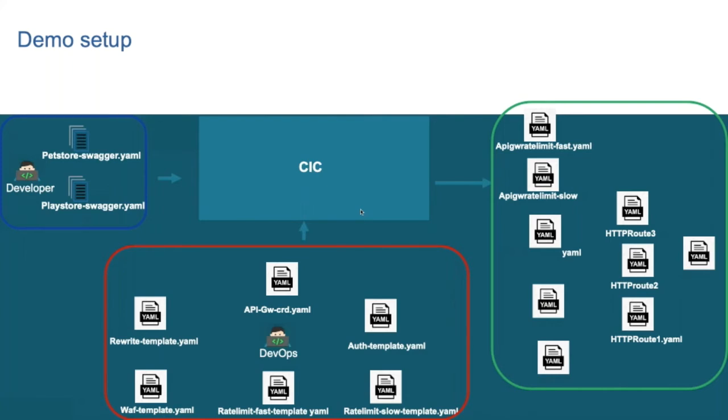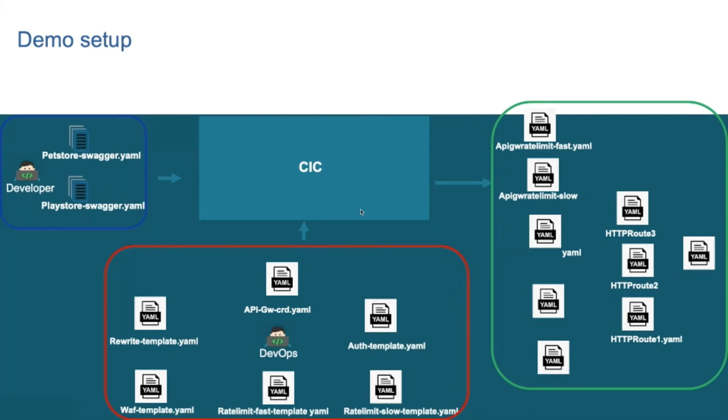That gives us a lot of advantage in terms of reusing the CRD infra, because all these templates are CRDs, and what we generate are CRDs. That's the reason we doubled up CIC as a Git agent as of now.